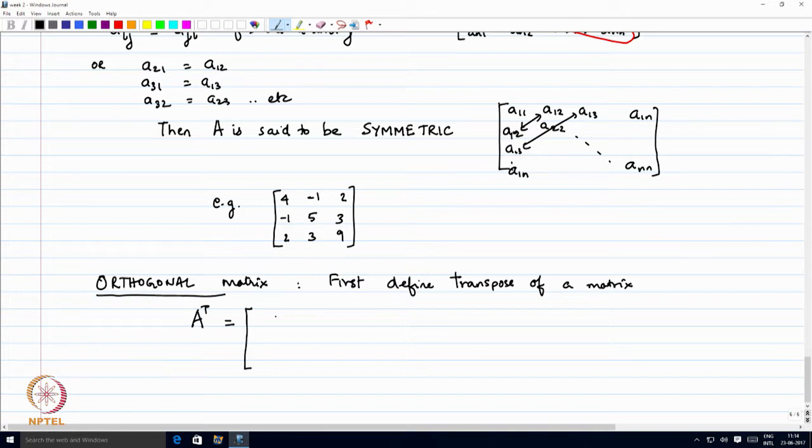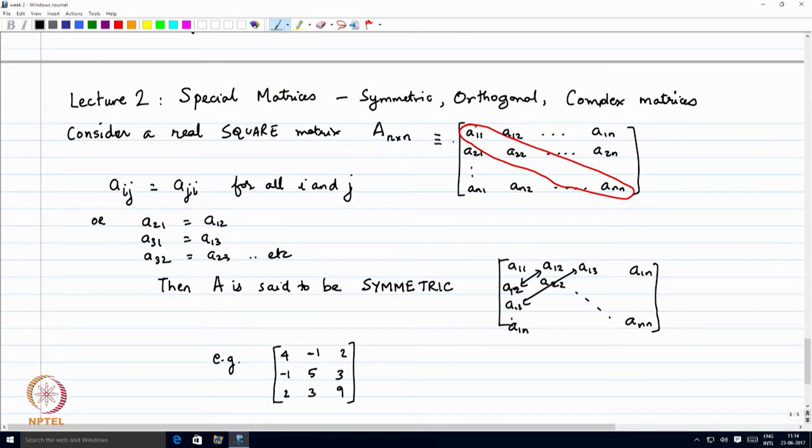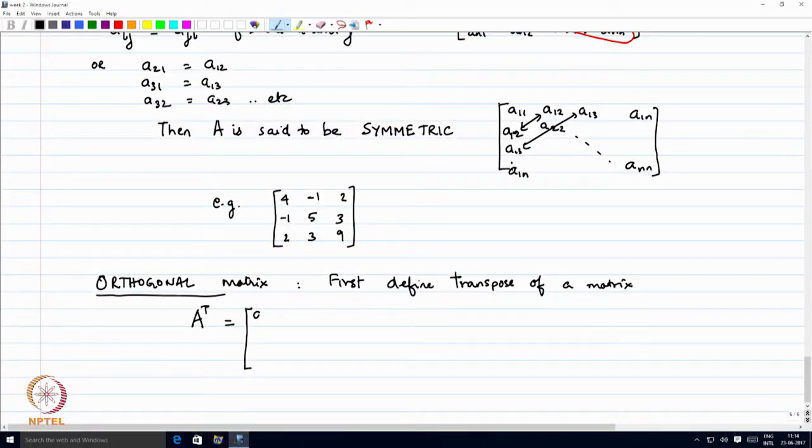So, if A is given by this expression, A transpose is also an n by n matrix, and what is done is A11 and then you put A21, A31 up to An1, A12, A22 and A13 all the way up to A1n here, and in this case A21, A22, then A23 all the way up to A2n, A32, A33 all the way up to A3n, An2.